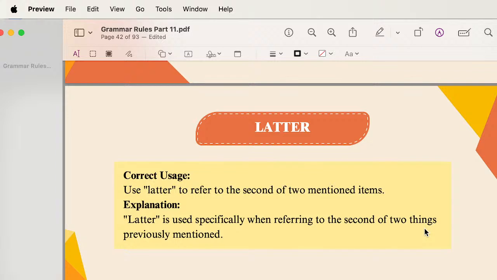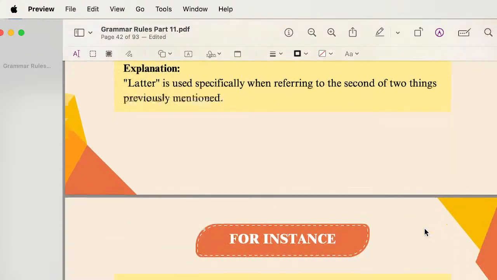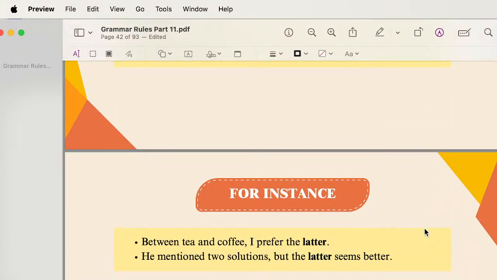Very, very important. Pay attention. Listen very closely. Where do you use latter? Latter is used to refer to the second of the two mentioned items. For example, if you're talking about two things, the second of the two mentioned can be referred to as latter. So if I'm saying that between tea and coffee, I prefer the latter, that means you're talking about the second thing, coffee.